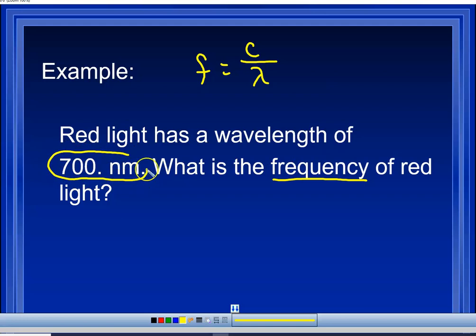Do you see how this is in nanometers? So that's going to need to be converted. So we would need to convert this, and the reason is this is 3 times 10 to the 8th meters per second. So I'm going to need it to be in meters so that it would cancel out so I can end up with per second.